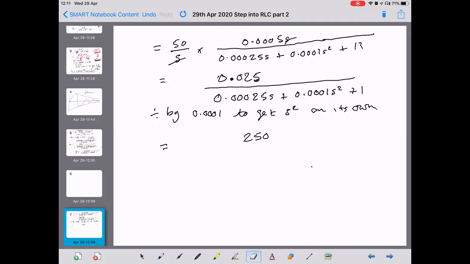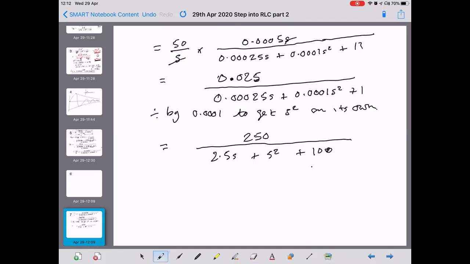No. I got to this point, I've got to times the 50 bit, so I carried on and I divided 0.005 and everything else by 0.001, so I messed up. You've got to divide every term by it. So you end up with 2.5s here, plus s squared, plus 10,000.